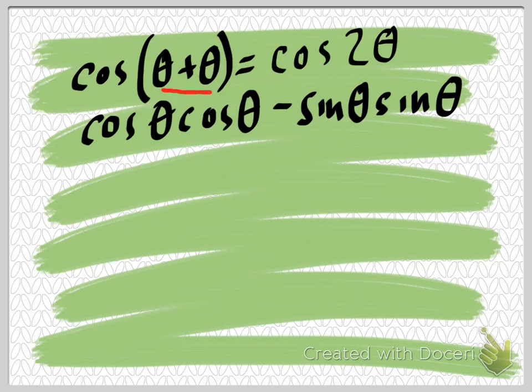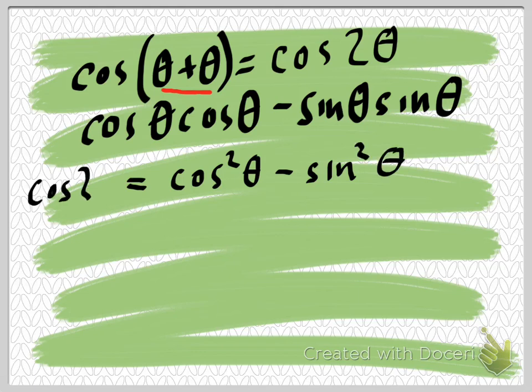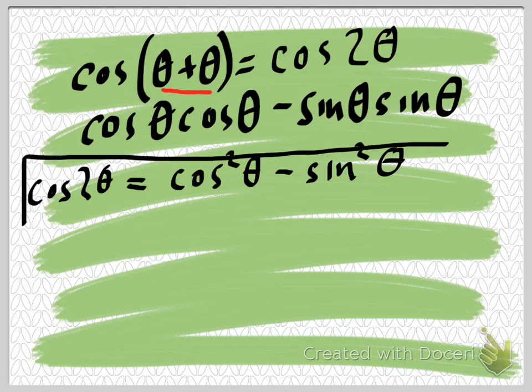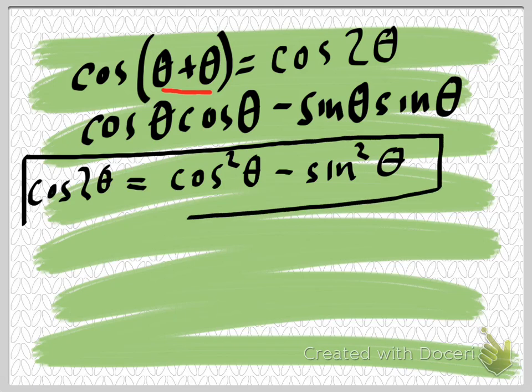Cosine theta times cosine theta is cosine squared theta, and sine times sine is sine squared. And right there, we've just done it. That's the cosine double angle formula. Cosine of 2 theta is equal to cosine squared theta minus sine squared theta.